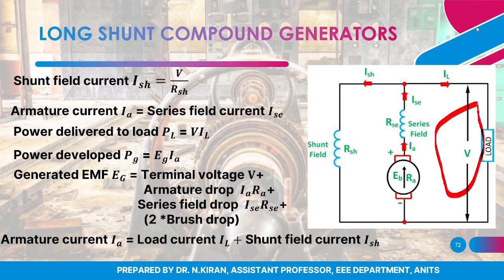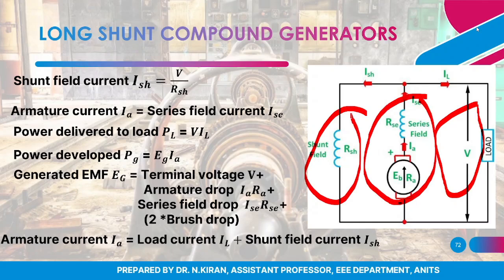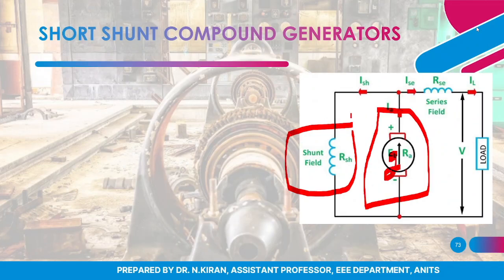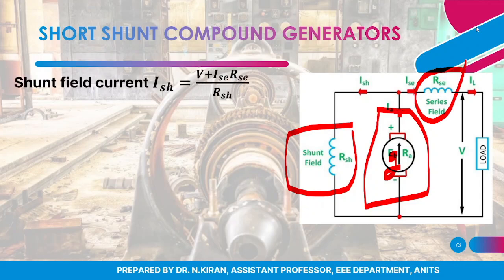In the case of long shunt, since this branch is in parallel, and in parallel the voltage is the same, the terminal voltage V appears across the shunt field winding. But in this case, the voltage across the shunt field winding is not V, but V plus the drop across the series field winding. That is why I have written ISH as V plus ISC RSC divided by RSH.